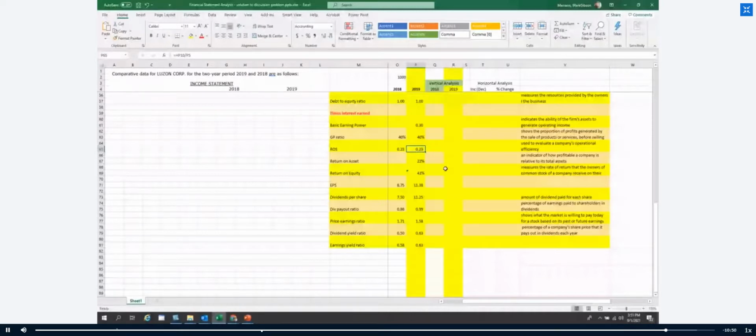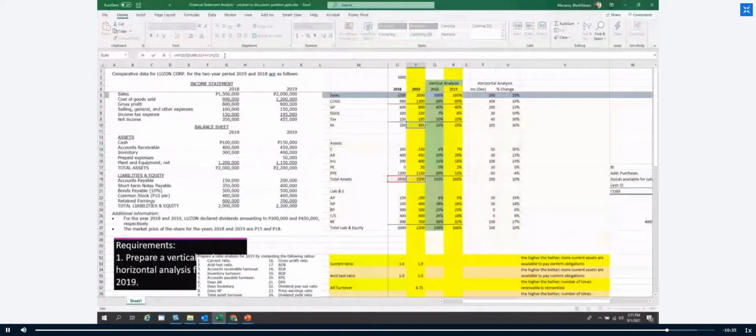Next, we have return on assets. Now, class, right now we are dealing with balance sheet accounts again, so we have to get the average: your total assets beginning and your total assets ending divided by two.